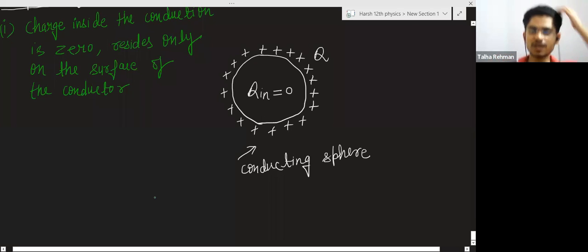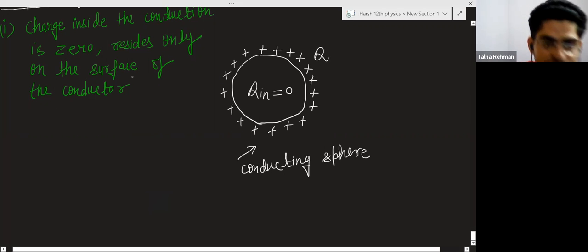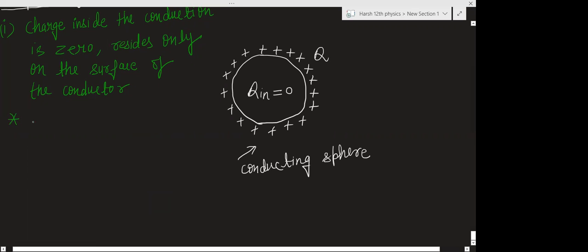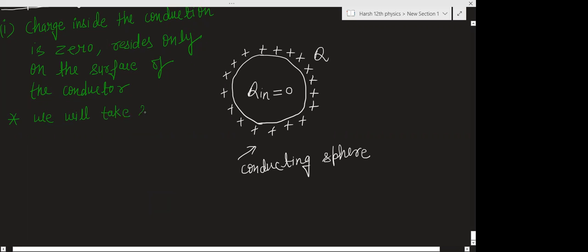So as the charge is always on the surface of the conductor, we will always take surface charge density for a conductor. What is surface charge density?